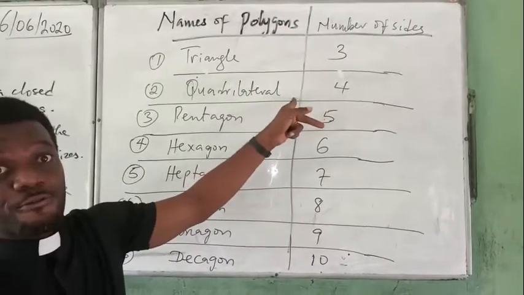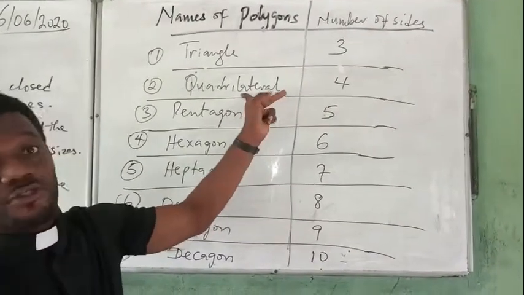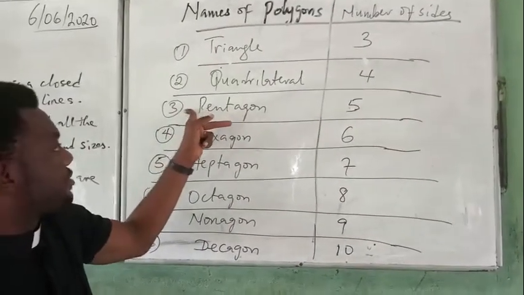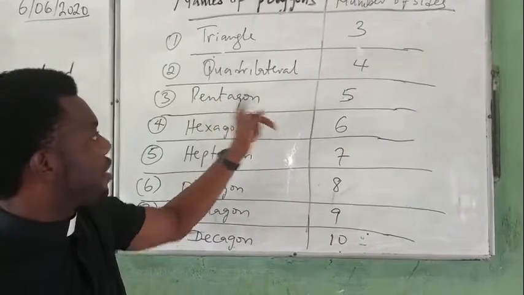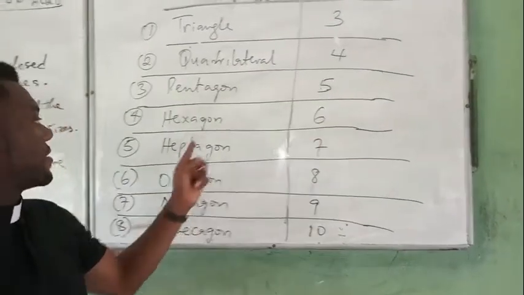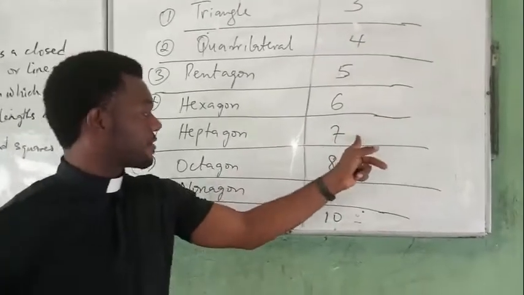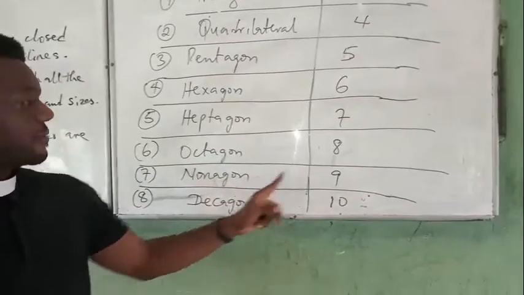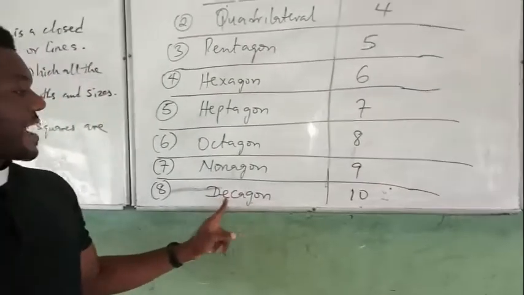So any 4-sided shape is a quadrilateral. Then we have pentagon, 5 sides, hexagon, 6 sides, heptagon, 7 sides, octagon, 8 sides, nonagon, 9 sides, decagon, 10 sides.